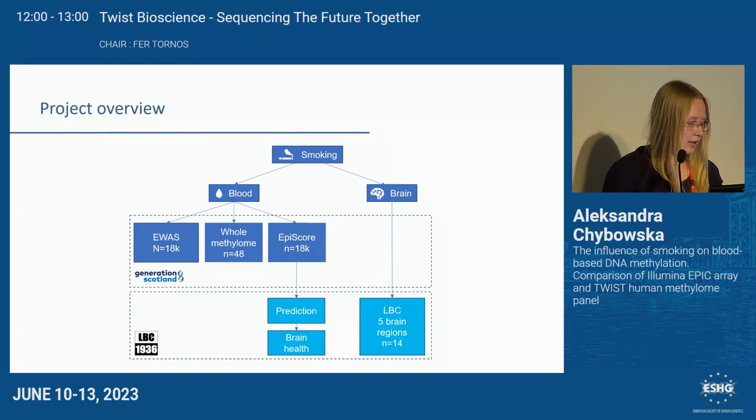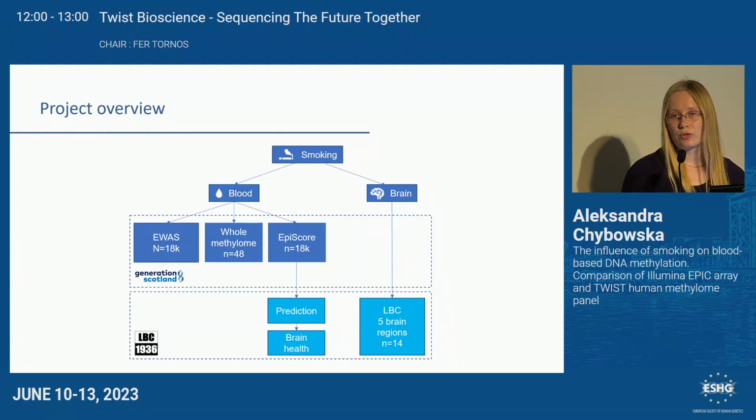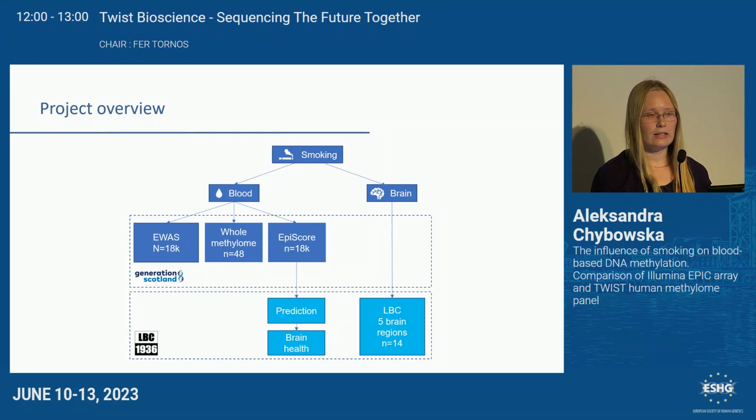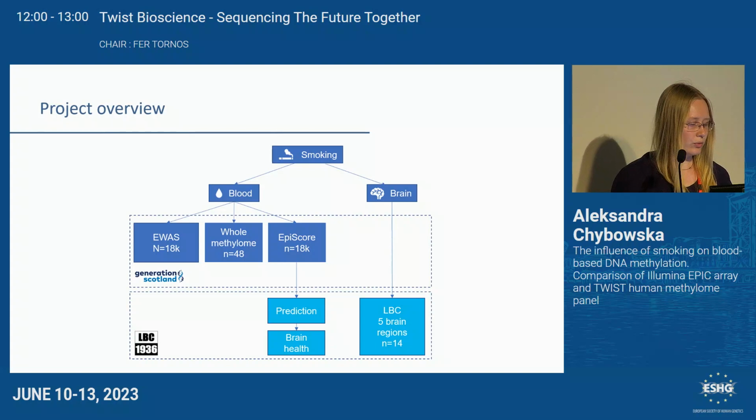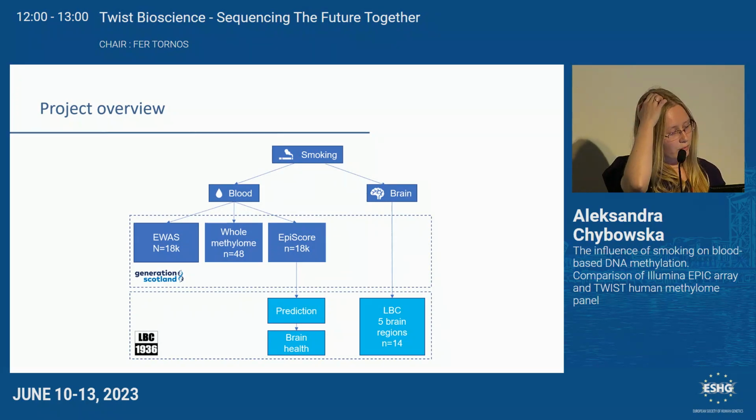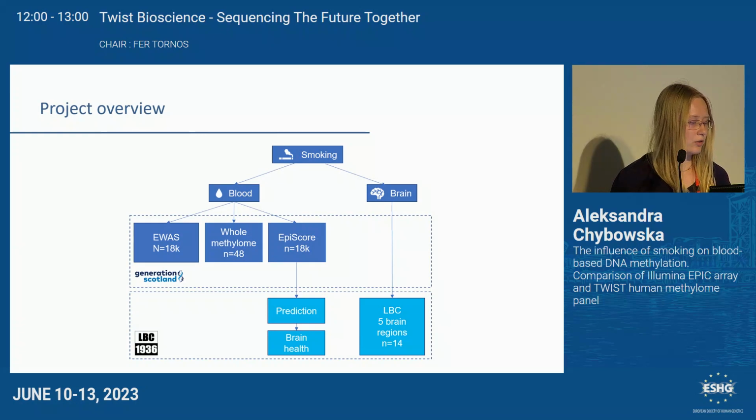In my analysis, I used data from 2 Scottish cohorts, namely Generation Scotland and Lothian Birth cohort. In Generation Scotland, we had access to methylation data measured in blood samples, whereas in Lothian Birth cohort, we could also use data from the brain. So the first experiment that I ran was epigenome-wide association studies of smoking, and here the sample size was 80K individuals.